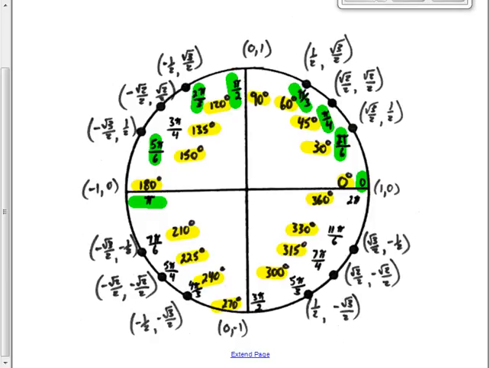Another 30 degrees, I'm at 7 pi over 6. Another 30 degrees, 8 pi over 6, which reduces to 4 pi over 3. Another 30 degrees, 9 pi over 6, which reduces to 3 pi over 2. Another 30 degrees, 10 pi over 6, which reduces to 5 pi over 3. Another pi over 6, I'm at 11 pi over 6, which doesn't reduce.